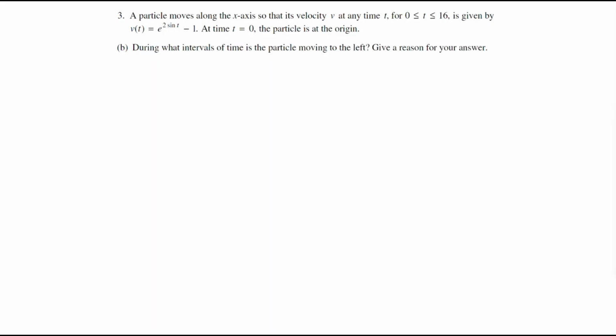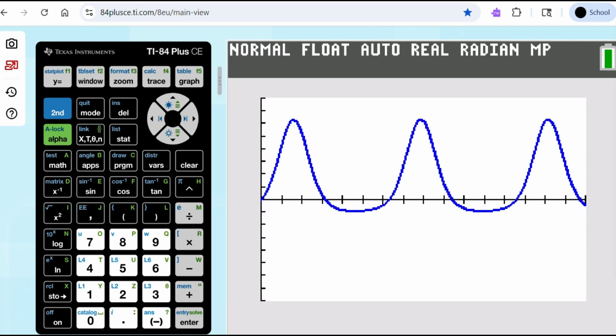In part B, it wants to know during what time intervals is the particle moving to the left? Well, again, this being a calculator question, we can just see when v of t is less than 0. We'll just look here. It's less than 0 on the intervals between these points right here, where we hit the x-axis, or the t-axis in our case.